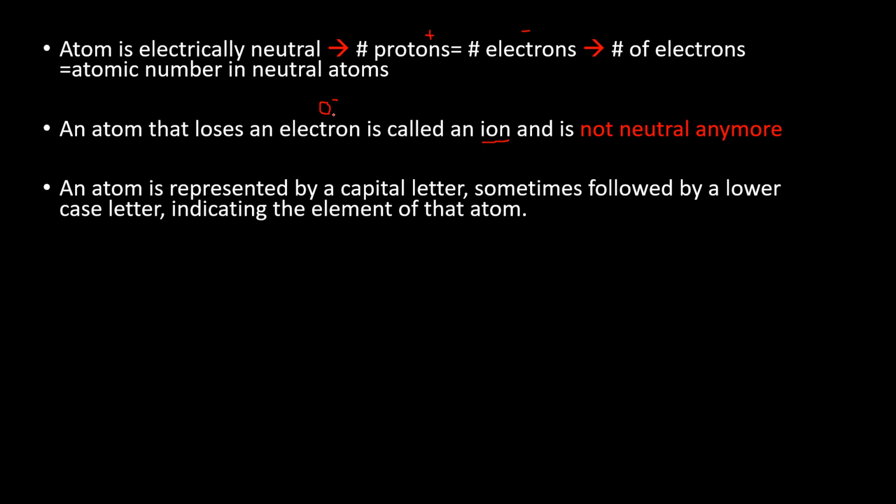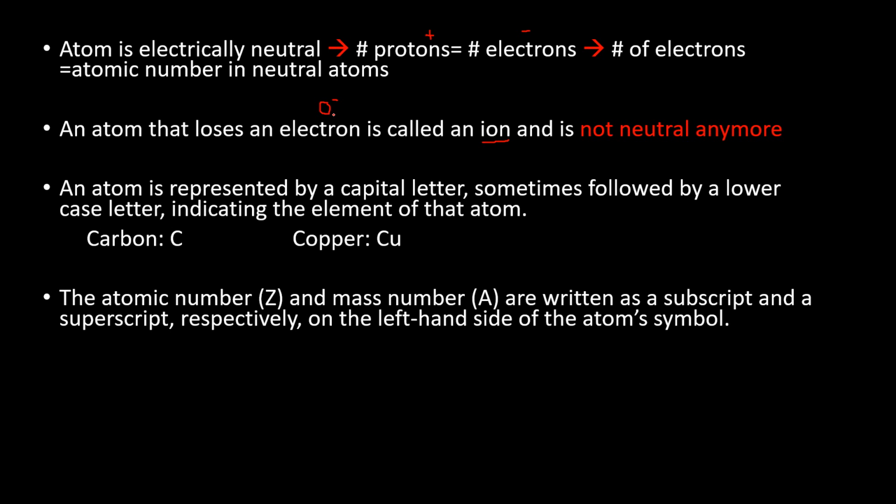Now, atoms are represented by a capital letter or sometimes a capital letter followed by a lowercase letter. For example, carbon is C and copper is Cu. Iron is F and lowercase e. The atomic number, which is represented by Z, and the mass number A are written as a subscript and a superscript.